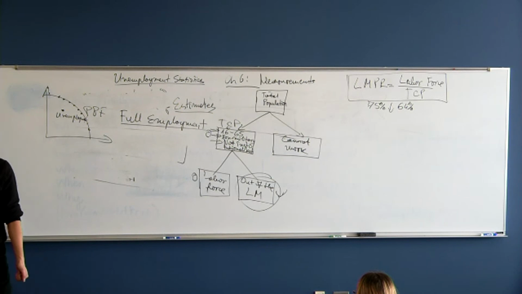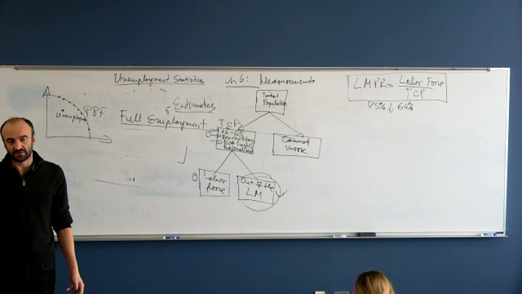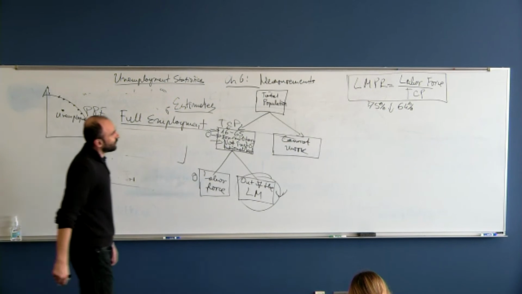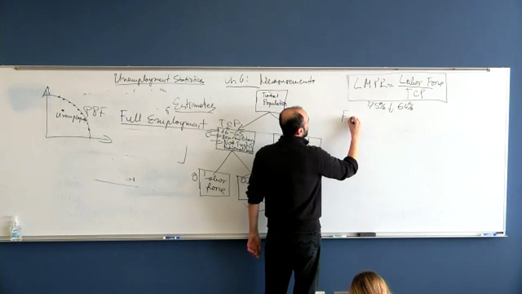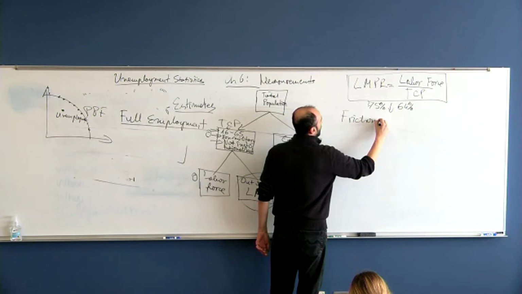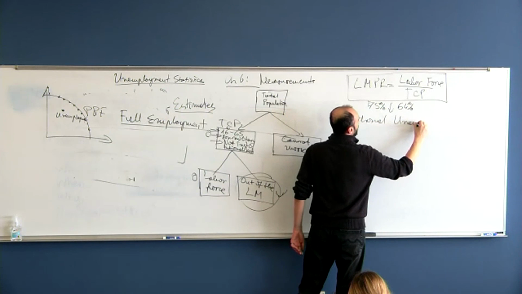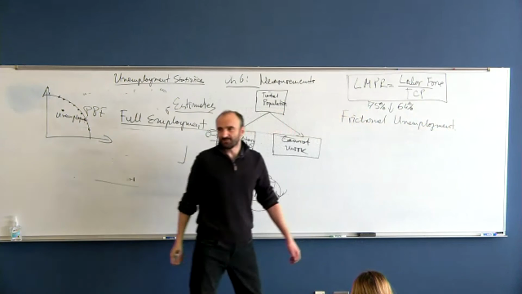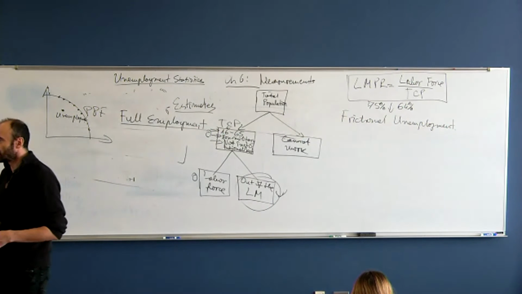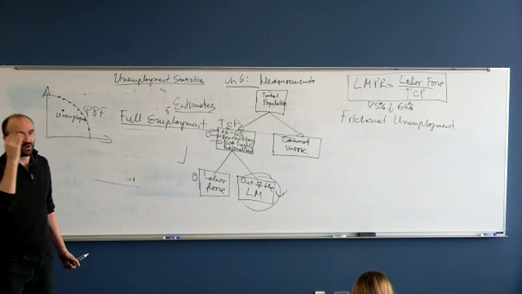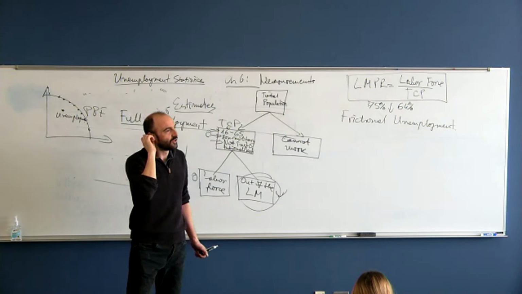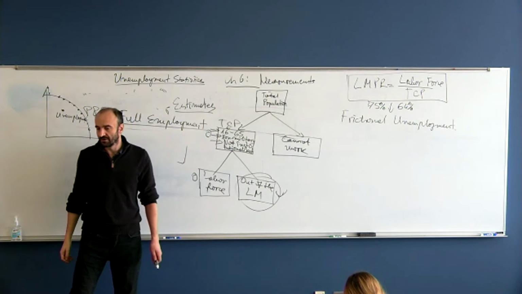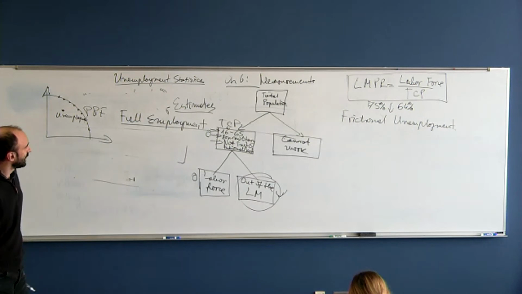So this unemployment that exists even in the full employment of resources, when the economy is operating at its maximum capacity, is called frictional unemployment. That means that there are frictions in the economy. The economy is not operating as a smooth machinery, well-oiled, in which nothing changes and there are no roadblocks and slowdowns.